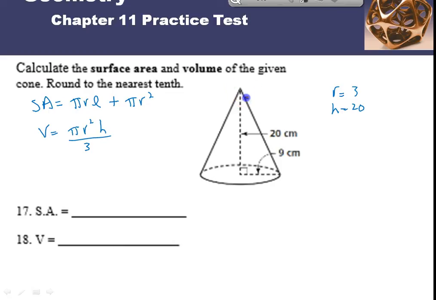So looks like we have the radius is 3 and the height is 20. So we need to find this line right here, and that's the slant height, or L. So I'm going to do the Pythagorean theorem. So 3 squared plus 20 squared equals L squared, and 9 and 400, and that would be L squared equals 409.